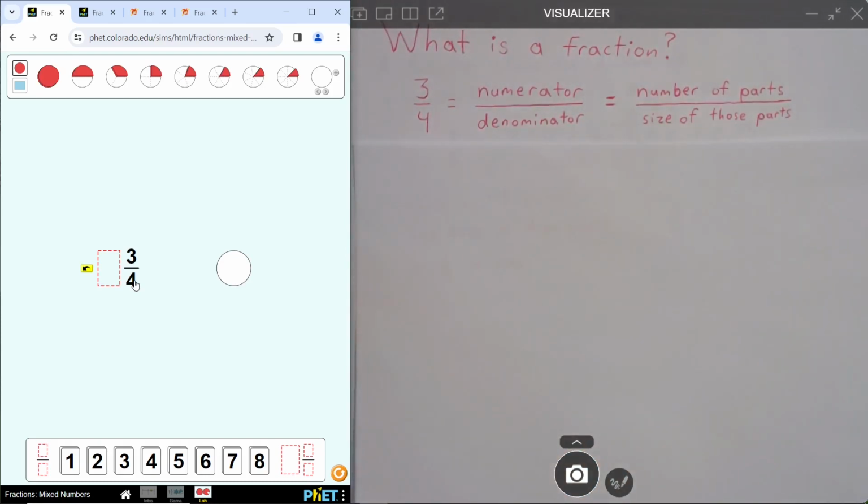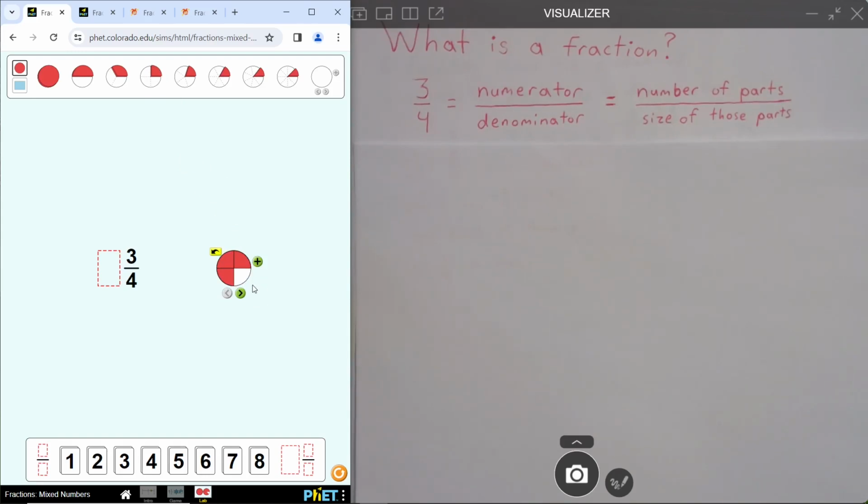So let's take a look at what that would look like. The circle, which represents one whole, is split into 4 parts so that each part is 1/4 in size. And then we have 3 of those parts that are each 1/4 in size.